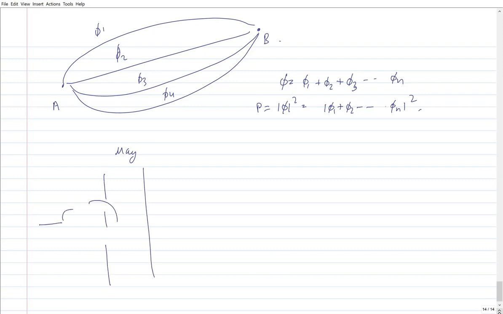Maybe the electron breaks up into two parts, does something, lands up on C. So this is the best way to make sense and get predictions for any sort of experiment. That is essentially the hallmark of quantum mechanics: as long as your processes are indistinguishable, then I'll add up probability amplitudes.